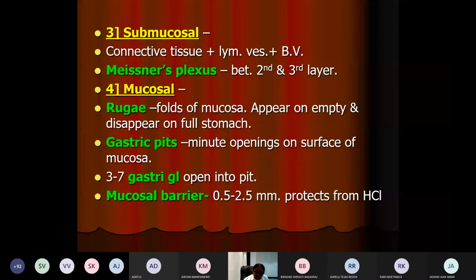Third one, submucosa. It is connective tissue plus lymph vessels plus blood vessels. Submucosal plexus is between the second and third layer.